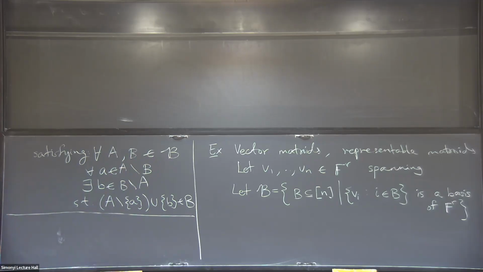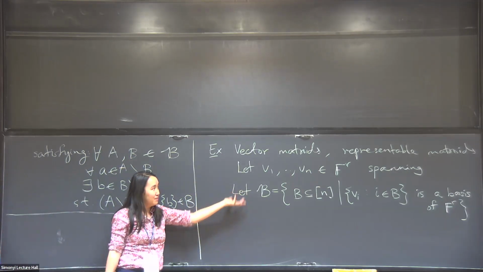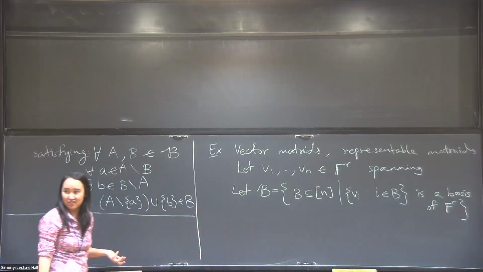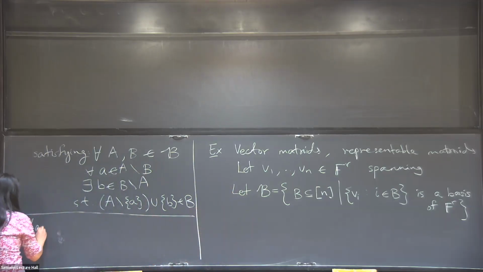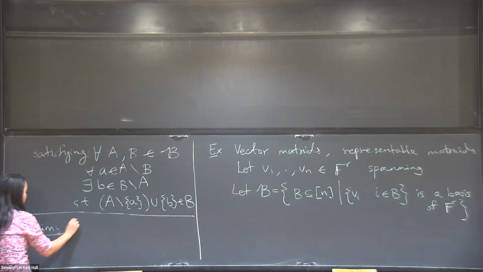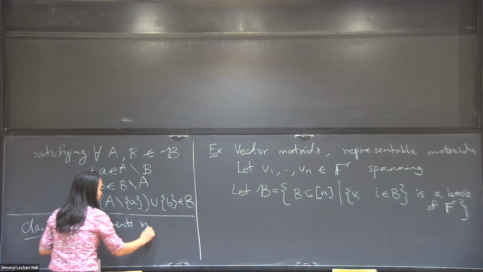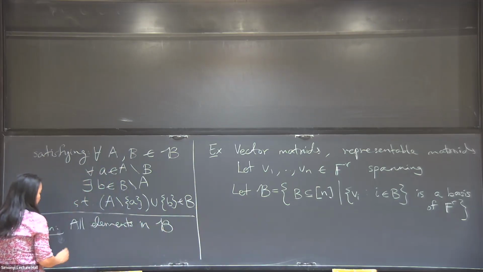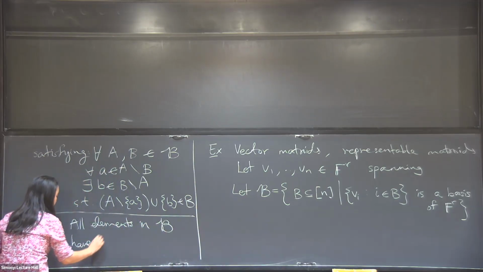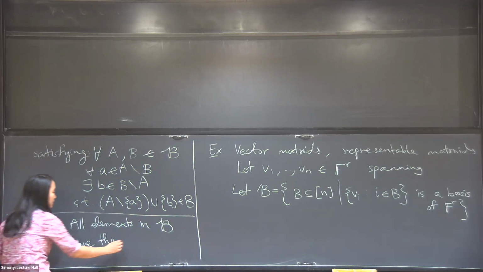From linear algebra, we know all bases in a vector space are the same size. So we also want to claim that all elements in the set of bases have the same cardinality. Good.